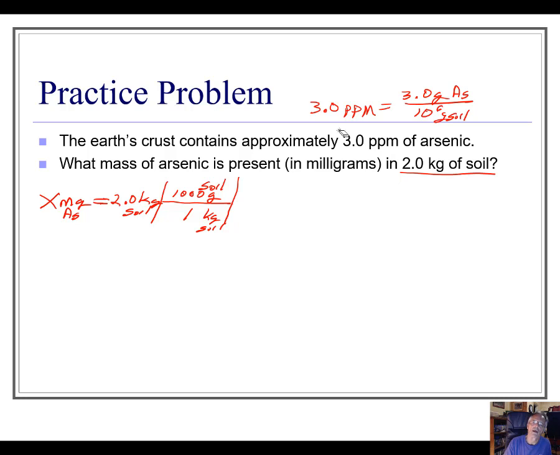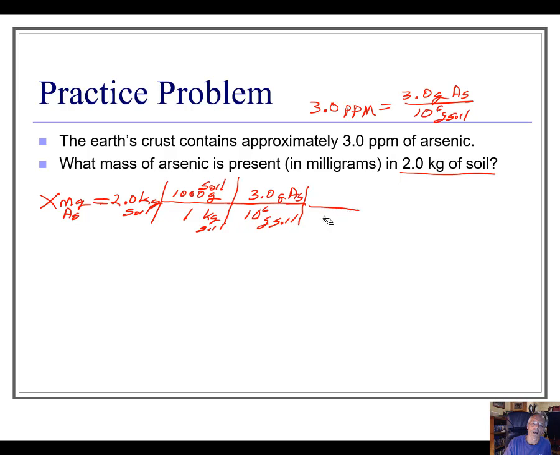So 3 parts per million is a ratio of 3 grams of arsenic per million grams of soil. So I have 10 to the 6, that's a million grams of soil. This is going to enable me to cancel soil. This is going to give me 3.0 grams of arsenic.